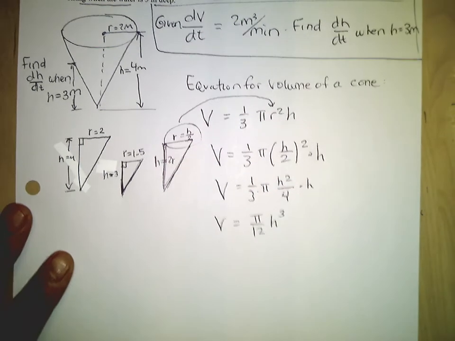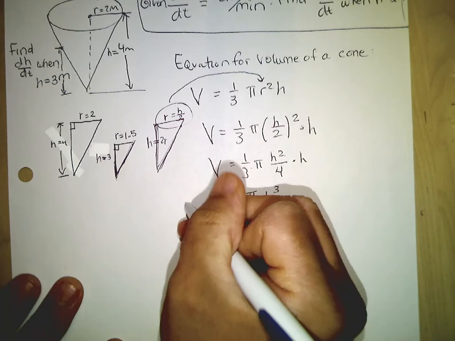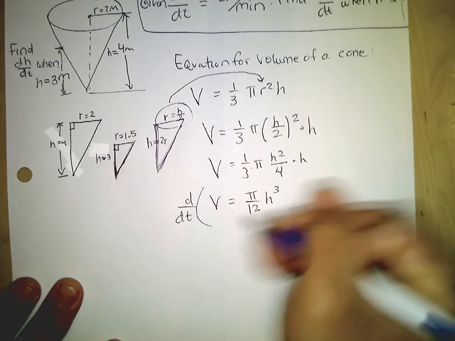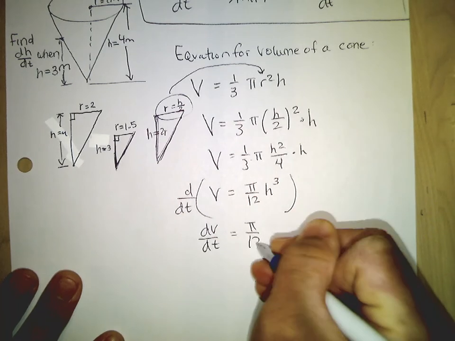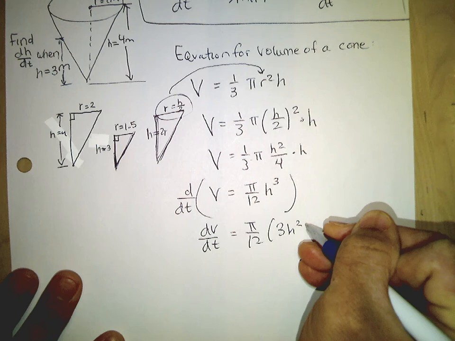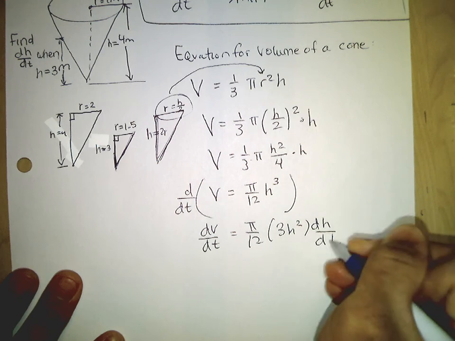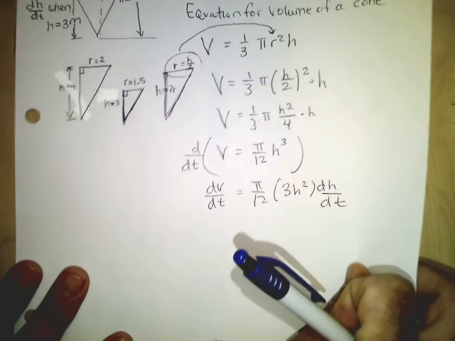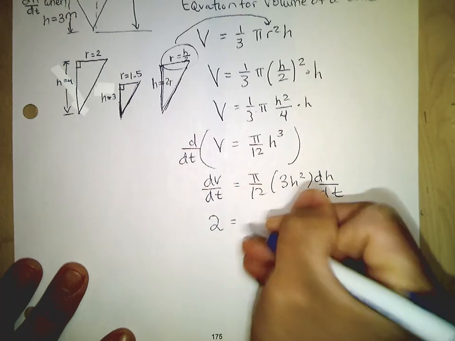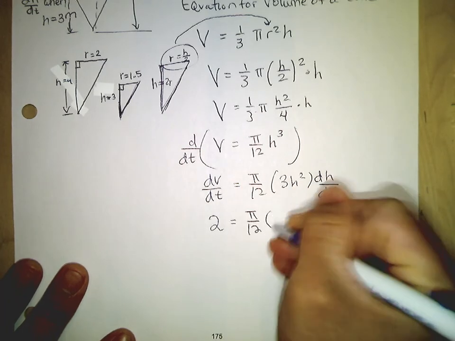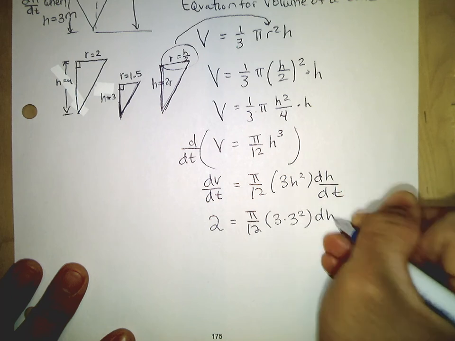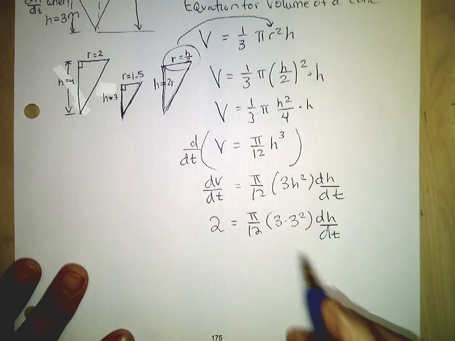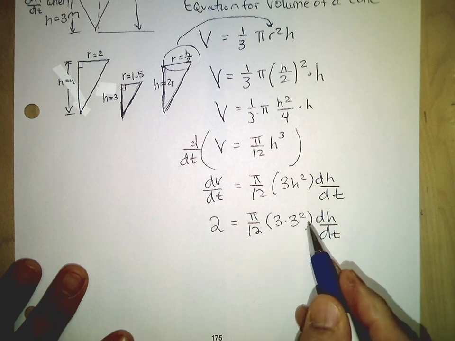All right, so now I can find the derivative with respect to t. So dV/dt is equal to pi over 12 times 3h squared dh/dt. And we were given that dV/dt is 2. So 2 is pi over 12 times 3 times h, which we were given should be 3, so 3 squared dh/dt. And 3 times 3 squared is 27.